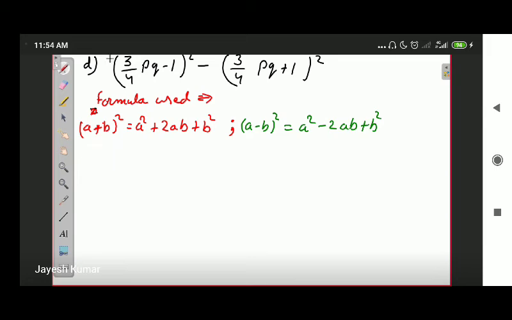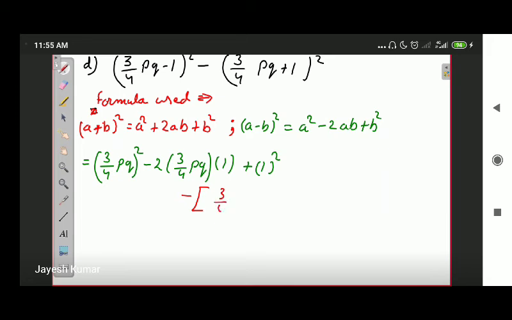So on expanding the first bracket, I will get 3 by 4 pq whole square minus 2 into 3 by 4 pq into 1 plus 1 square, and then minus 3 by 4 pq whole square.